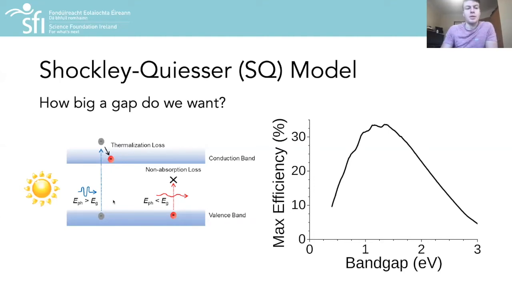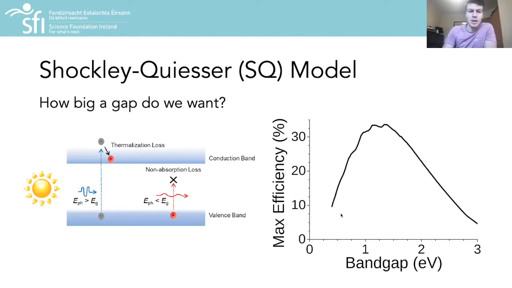And then likewise, if the photon has an energy less than the band gap, there are no electronic states that we can excite to. Because there are no electronic states at any point along here, if the photon has an energy less than the band gap, it can't be used to excite our electrons. And so it essentially just passes through the device and isn't absorbed.